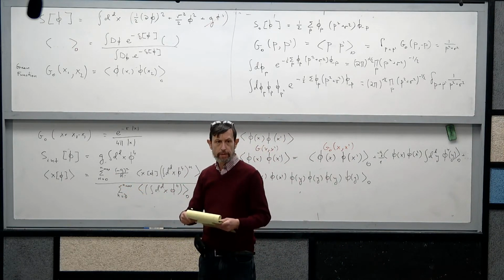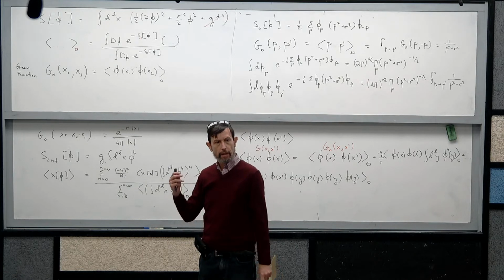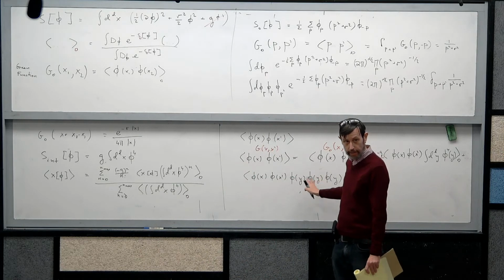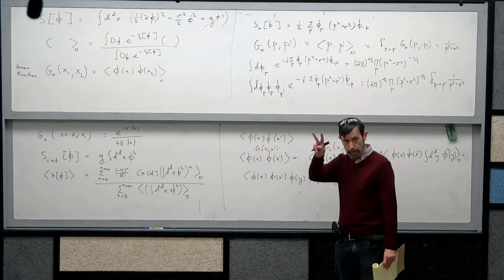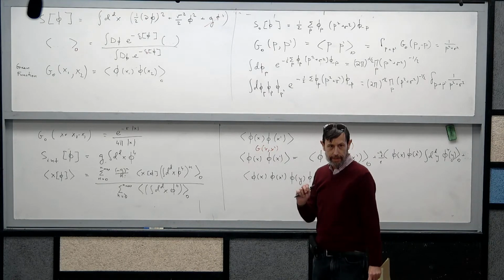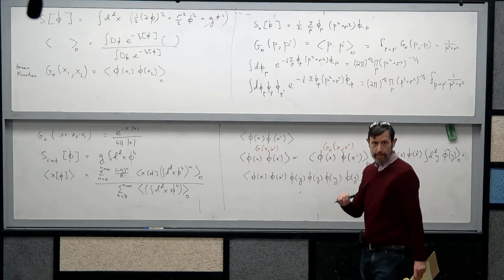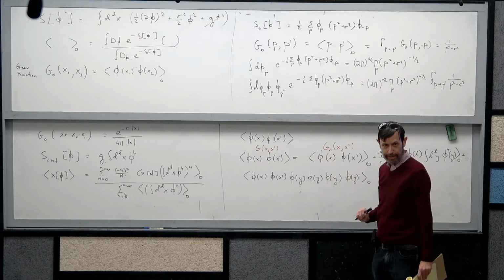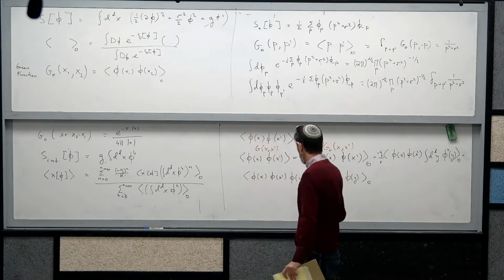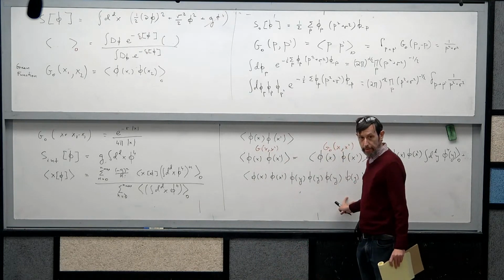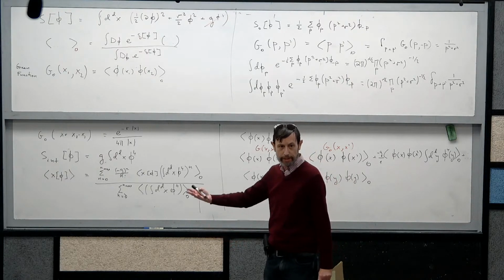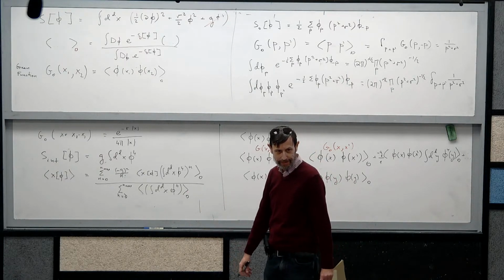But what did we see? We saw that anything with 2 or 4 or 6 or whatever, you're just building all the contractions, all the pairs that you can pull out. So this became a question of what pairs do I pair here and how many of those do I have.